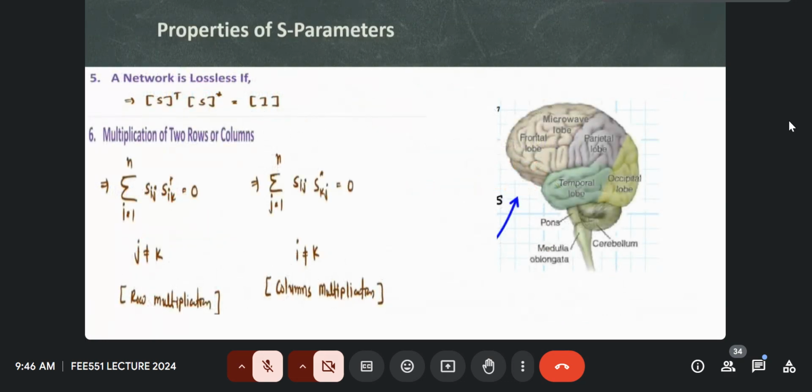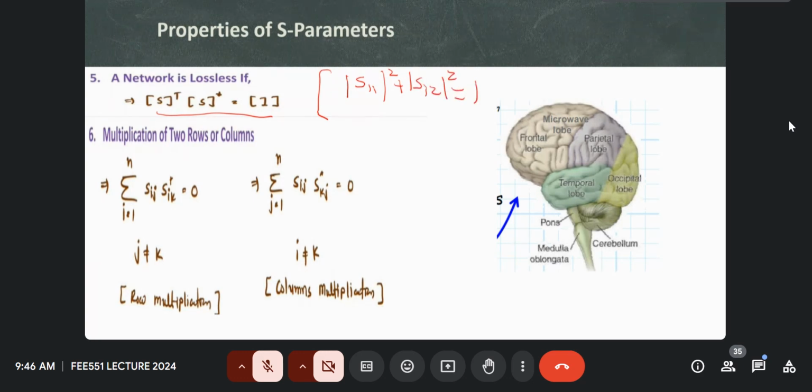A network is lossless if S transpose times S conjugate is equal to the identity matrix. If you open this up, I don't want to do that right now, but this statement can be written for a two-port network. For example, the magnitude of S11 squared plus S12 squared is equal to 1.